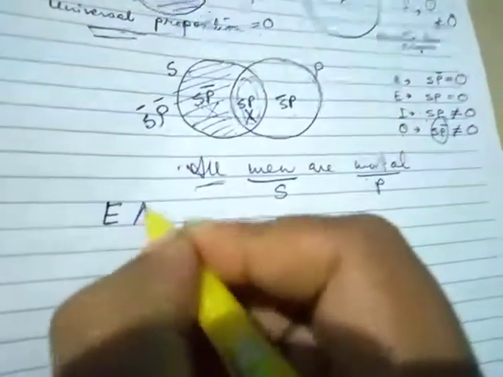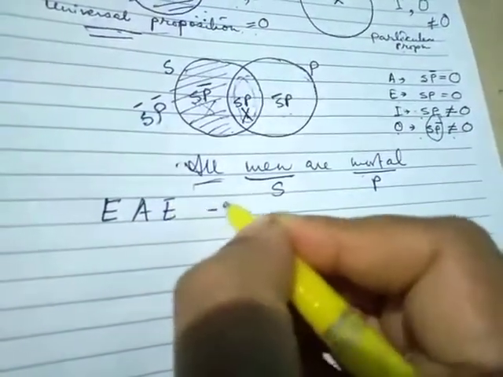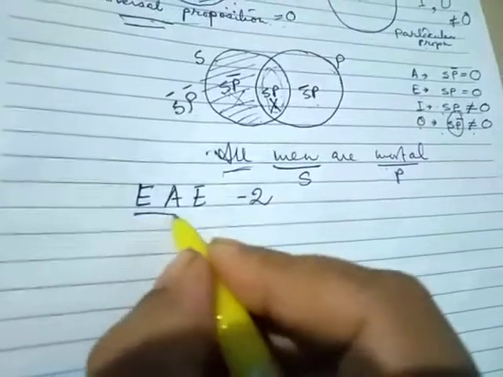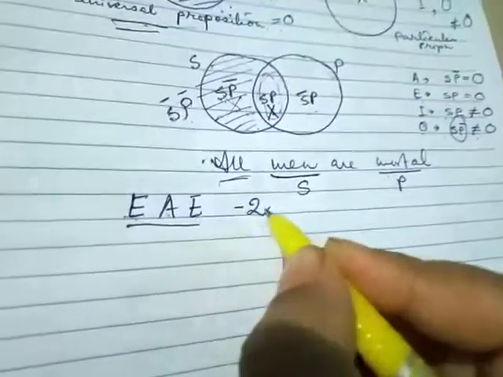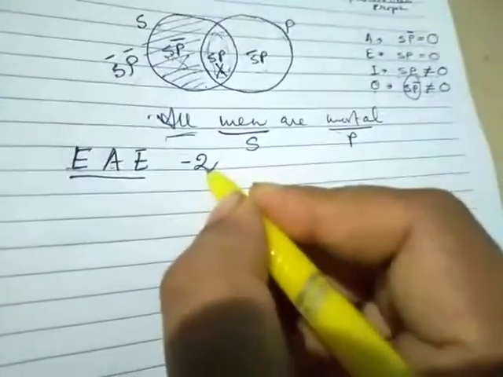Now let us start with the argument. Suppose we have an argument which is EAE-2. These are the two premises, and this is the conclusion, and it is in the second figure.